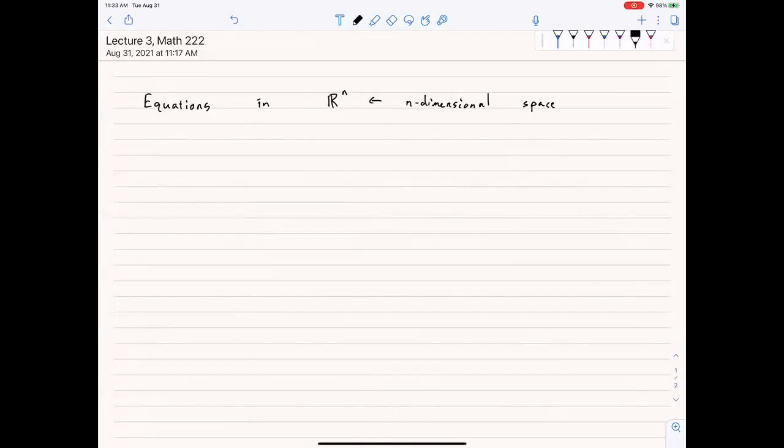One type of equation is what's known as a parametric equation. Parametric refers to the parameters. You have some parameters which will give you an assignment of points on whatever subspace of Euclidean space we're describing.